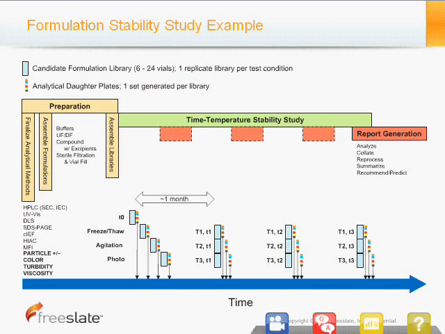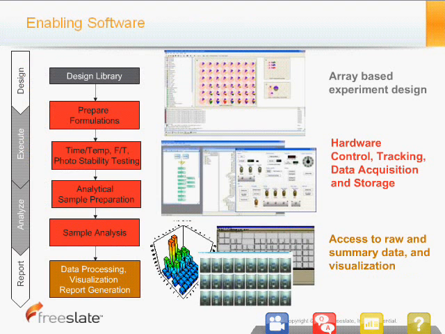So, on top of all these workflows is software to not only execute the experiments, but we have software at the start to help you design your experiments, and at the end to help you collect all that data, visualize it, and assist you in report generation. So our software, which we call Laboratory Execution Analysis, or LEA for short, really is a holistic approach.